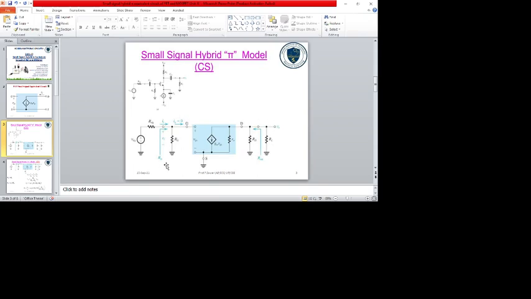So, with respect to the gate terminal, we can find the input resistance. With respect to the drain terminal, we can find the output resistance.